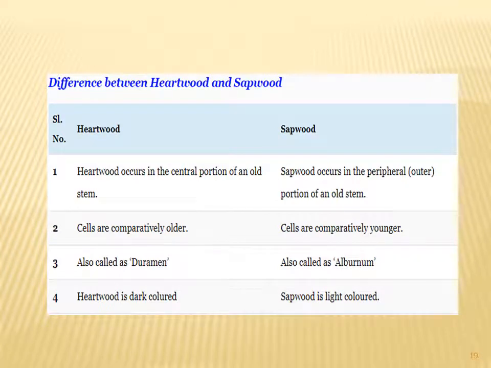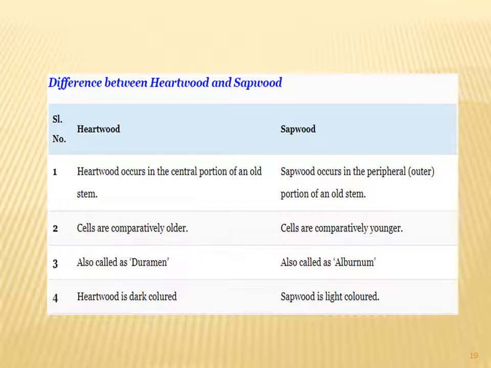Let's talk about the difference between heartwood and sapwood. Number 1. Heartwood occurs in the central portion of an old stem, while sapwood occurs in the peripheral or the outer portion of an old stem. Number 2.